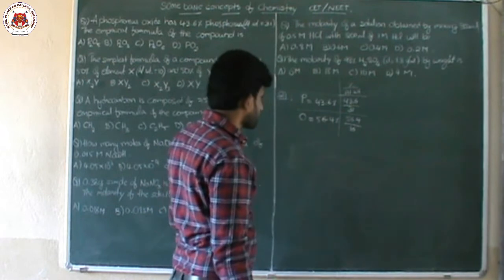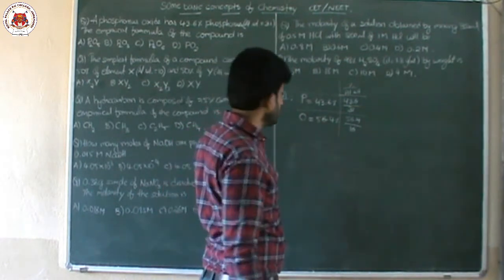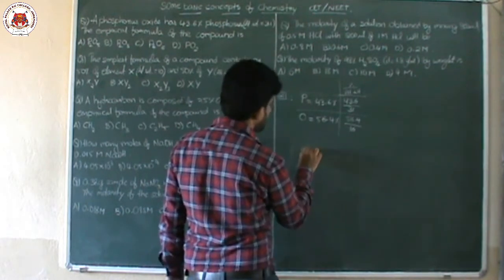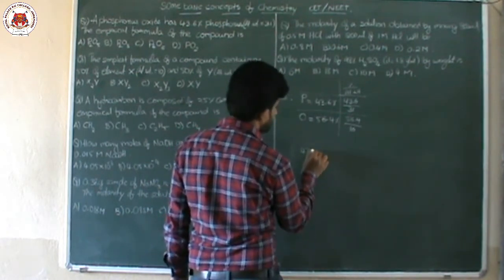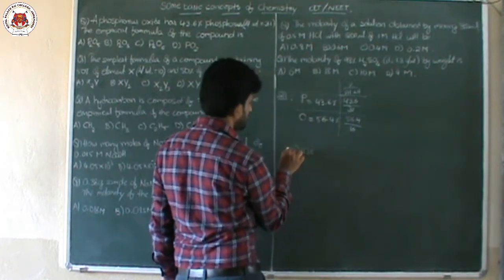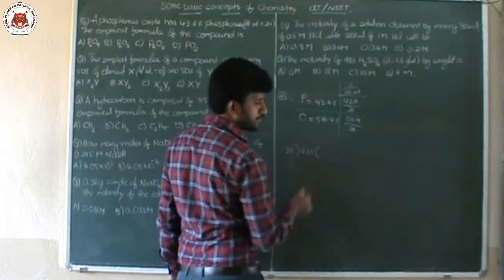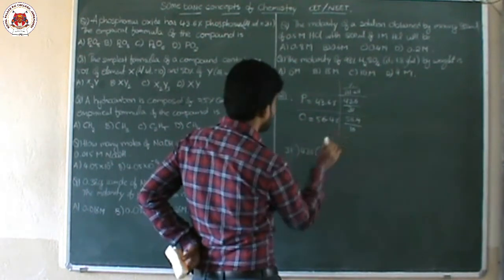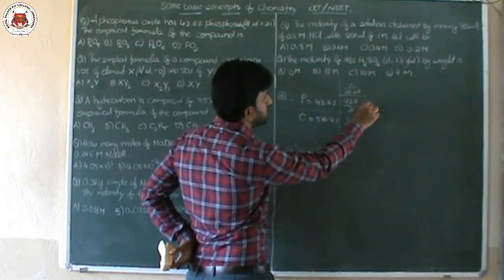If I divide 43.6, or let me take directly 436 and place the decimal afterwards, I can write 436 into 10 raised to minus 1.